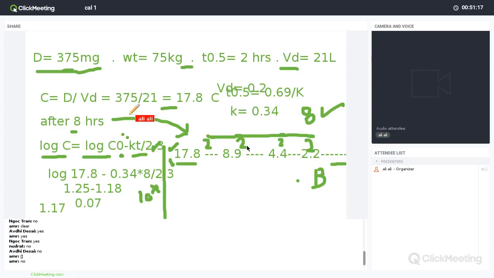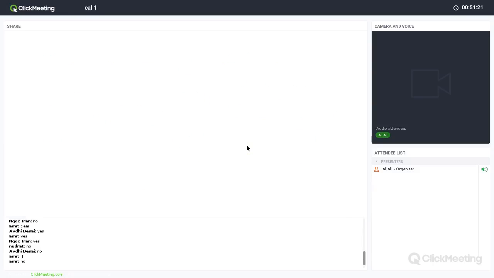Okay. Now we will go for the next one, which is number 4. How much drug remains in the body? How much drug remains in the patient's body after 8 hours?